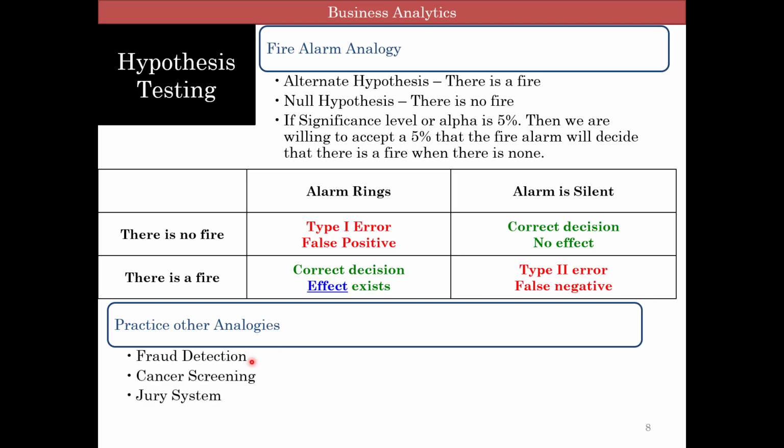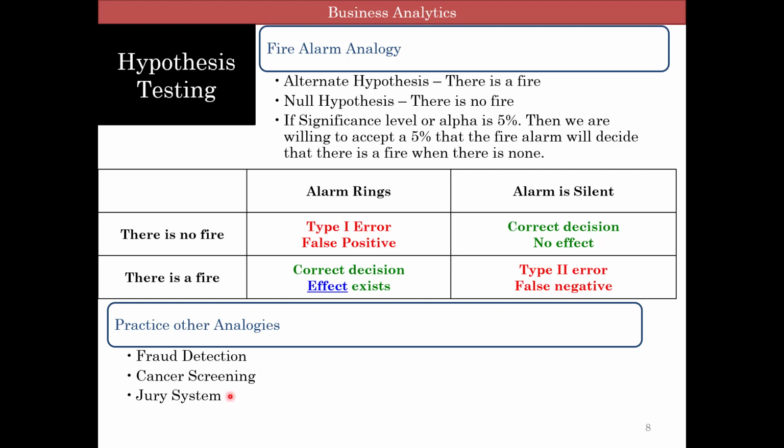So let's take the example of banking fraud detection. Go ahead and draw this table and talk about what the hypothesis is, what the null hypothesis is, and then talk about these 4 quadrants. If you're going to do a skin test for melanoma or cancer screening, go ahead and look at that again.